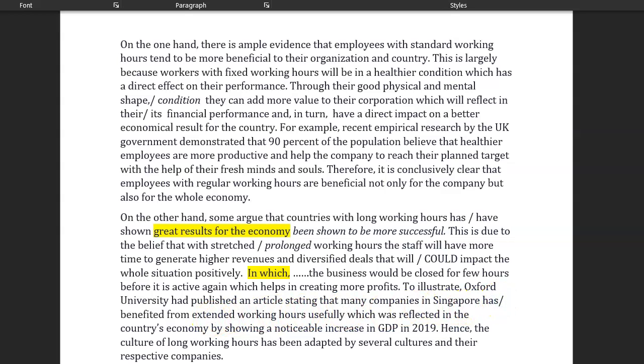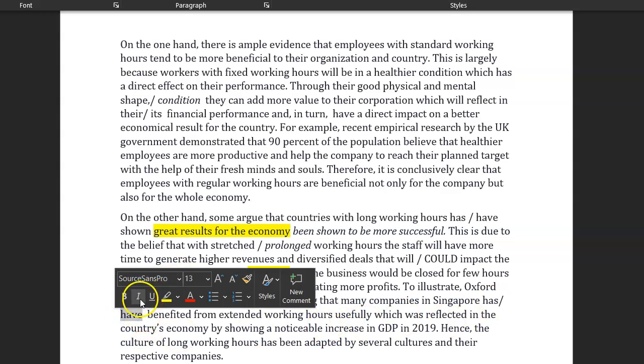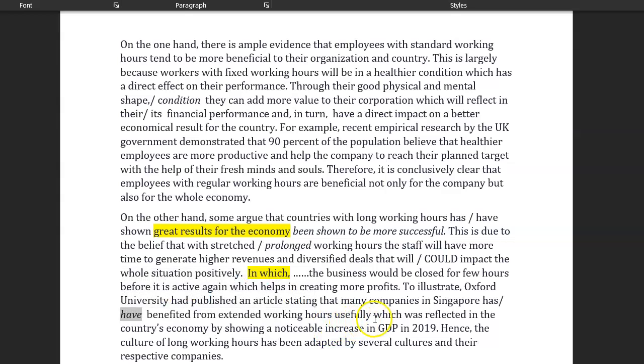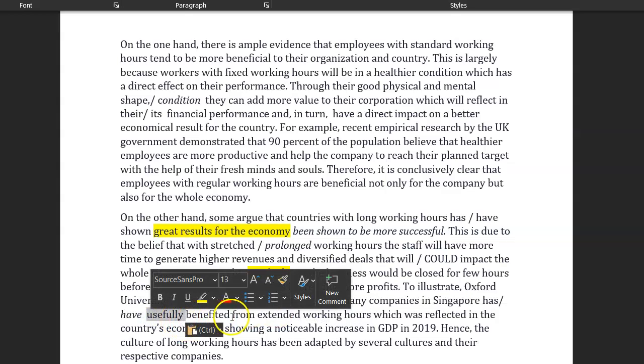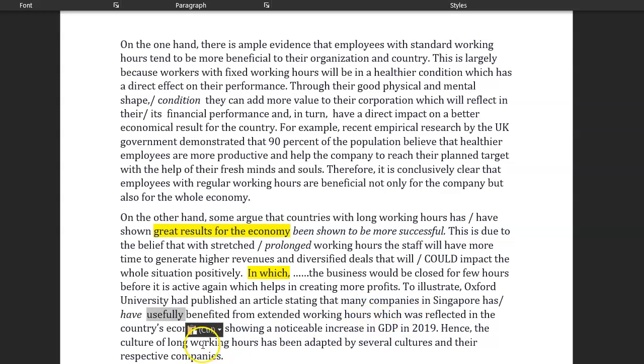Watch out on this noun verb agreement. You must get this right at this level. Have benefited from extended working hours. Have usefully benefited. Your adverb has to go before this verb. From extended working hours, which was reflected in the country's economy, showing a noticeable increase in GDP.